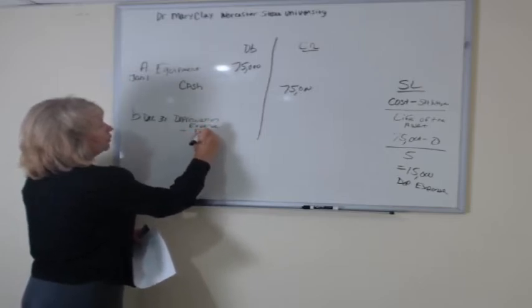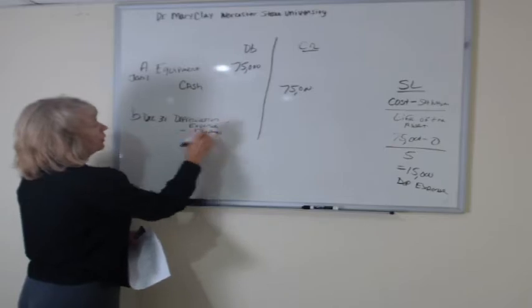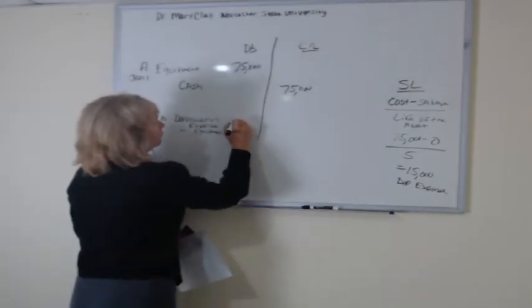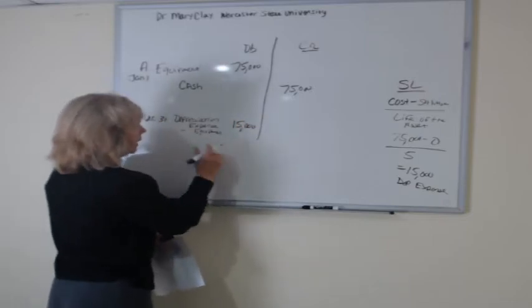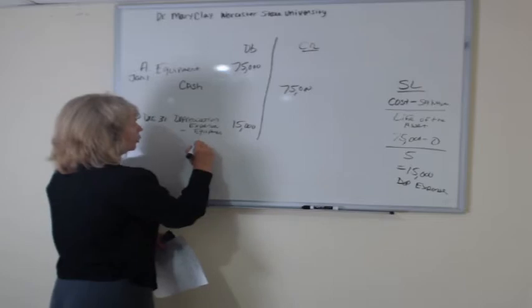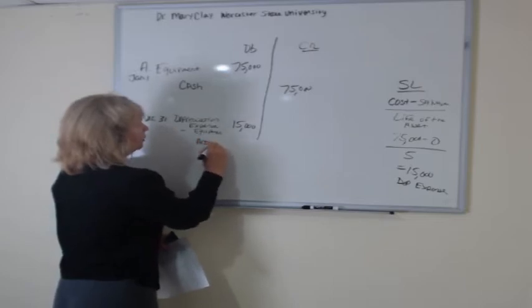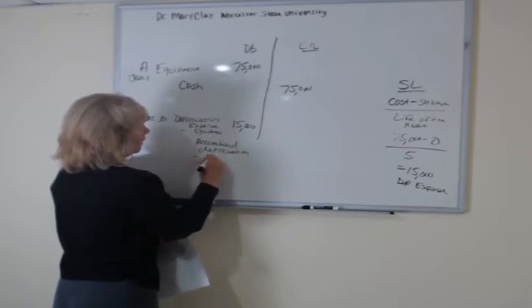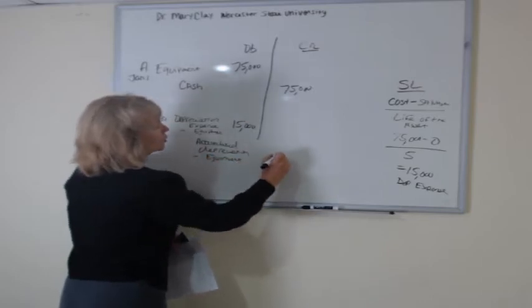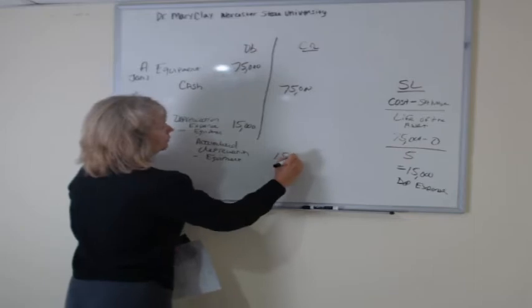So drop down in the window in the lab, pick that depreciation expense equipment, and we debit that 15,000. And then we indent and we're going to credit accumulated depreciation equipment. And that will also be 15,000.